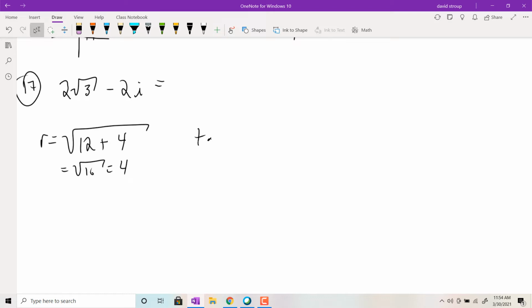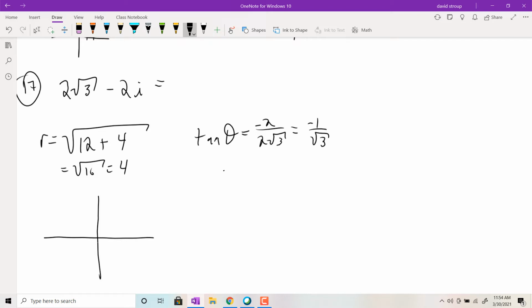I'm going to have to get tan of theta, find the theta value. That gives me negative 2 all over 2 root 3. Okay, so that would be equal to negative 1 over root 3. And I want to make sure I get the right quadrant for my theta value. Okay.